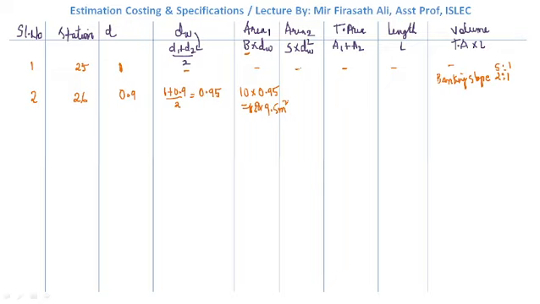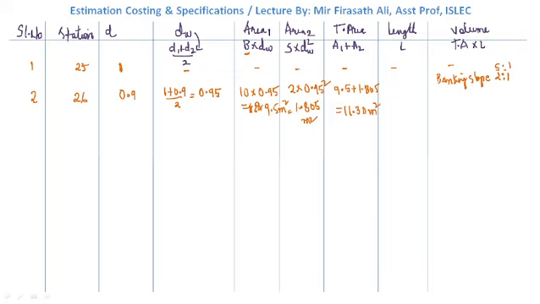Now S, what is the value of S? 2 into 0.95 square. This value is 1.80 meter square. Now we need to add 9.5 plus 1.8. The total area which we will get is 11.30 meter square.